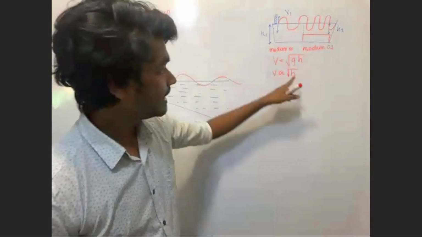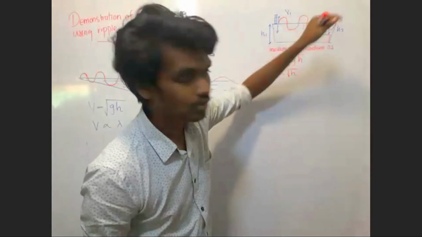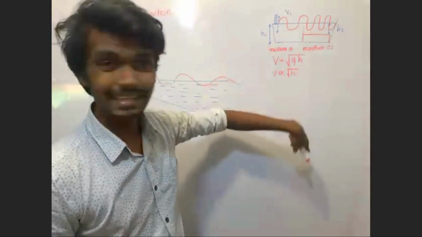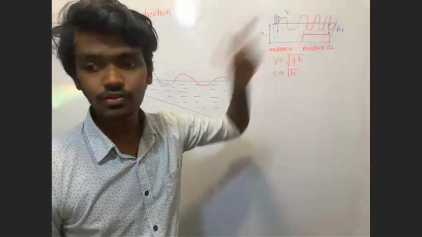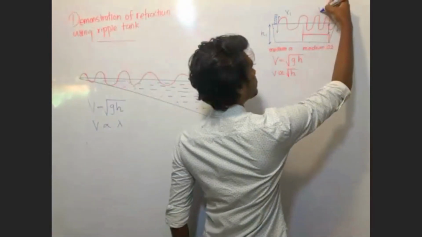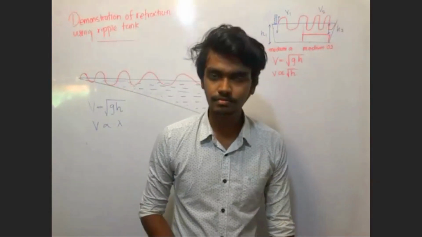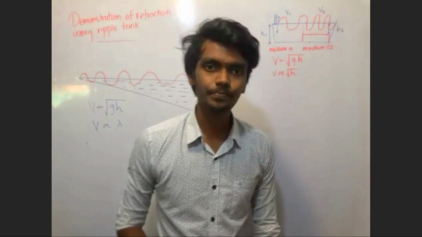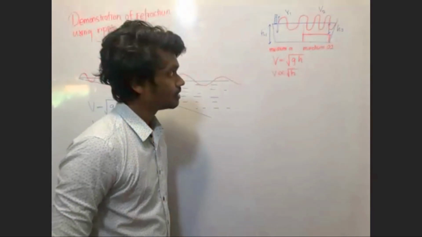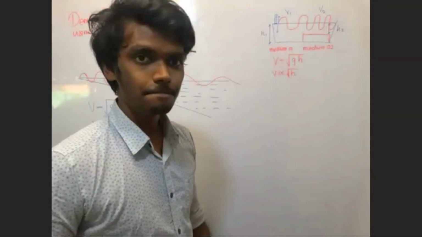In medium 2, the height is H2. The height has changed. Therefore, the velocity will also change.